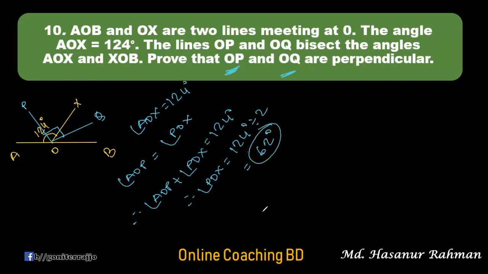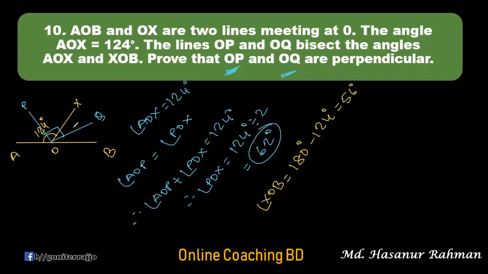Now OQ bisects angle XOB. So at first we have to find out the value of angle XOB. Look, this angle XOB and this angle AOX are supplementary angles to each other. So we can say angle XOB should be 180 degree minus 124 degree. If we subtract 124 degree from 180 degree, we'll get 56 degree.